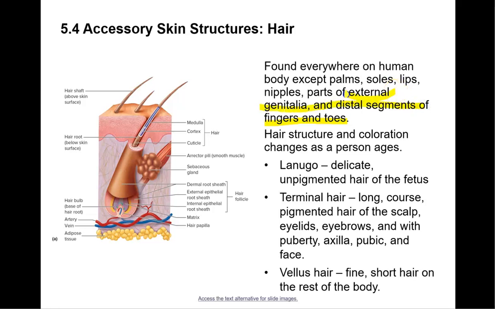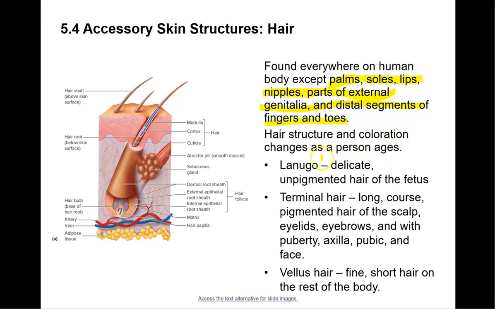So there are areas on the human body that are hairless.